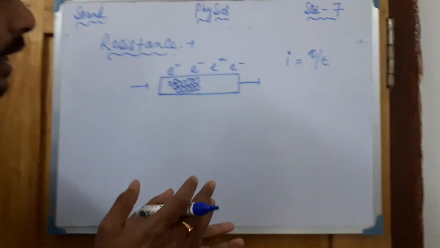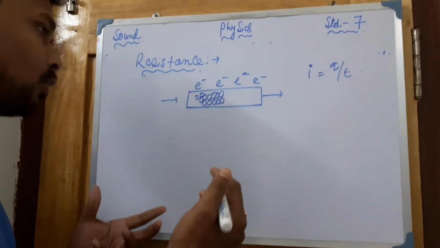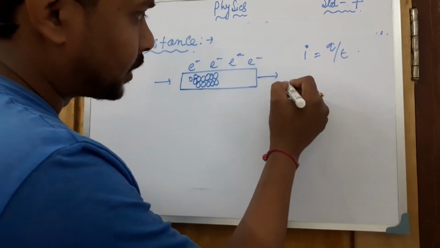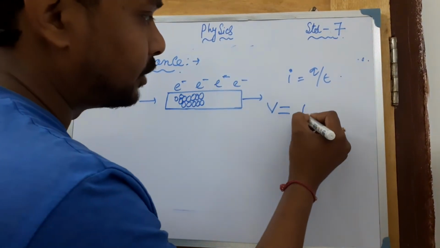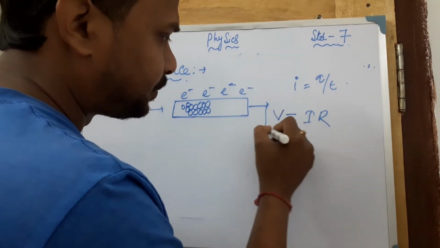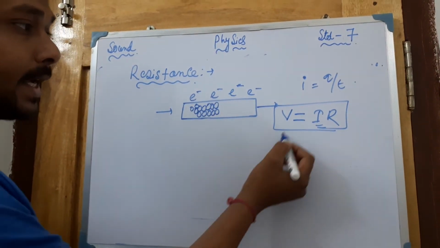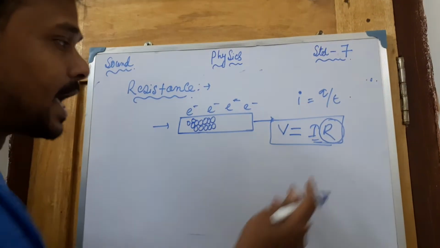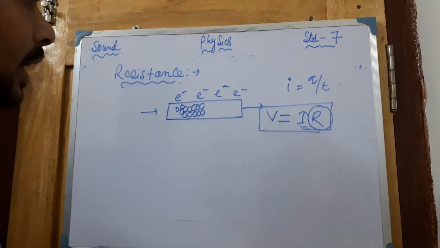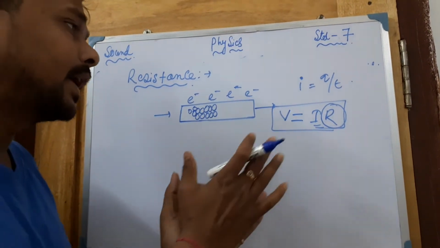If you take a bad conductor, there will be more and more resistance. You will read in higher classes that the voltage or electric supply you give to the circuit produces the current, and it depends on the resistance. If the resistance is more, the flow of charges, the current, will be less. So that is the resistance.